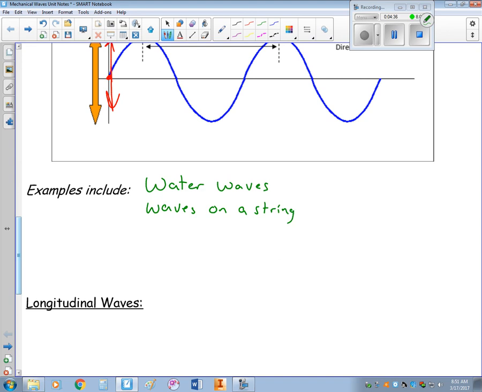A good example of that might be a violin or a guitar or a piano, a stringed instrument where you strike a string that produces transverse waves. And also, even though we're not really talking about them a whole lot, electromagnetic waves. We consider electromagnetic waves to be transverse.